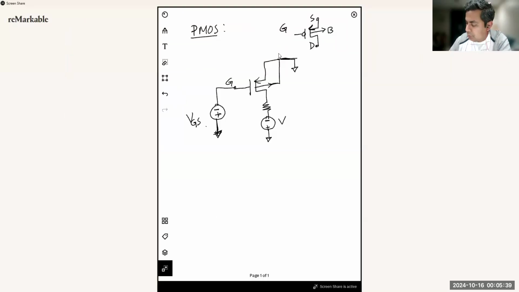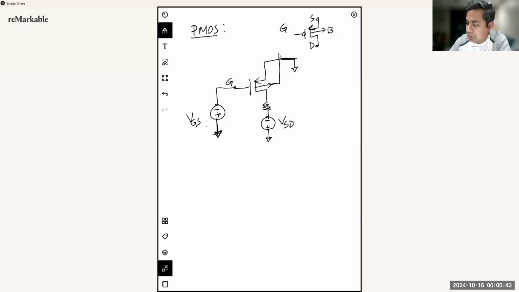All right. So we will have a voltage source which is VSD. You can write it in this way, then the polarity will be positive, negative here. But for now, we are going to write it in this way, VDS.